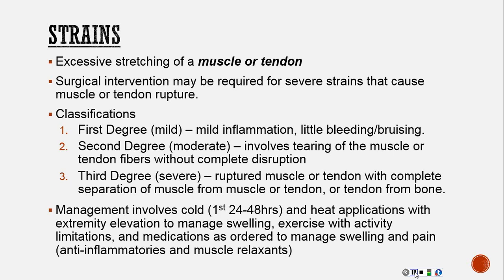Third degree, or severe muscle strain or tendon strain, is when you have a rupture of the muscle or tendon with complete separation of muscle from muscle, muscle from tendon, or tendon from bone.